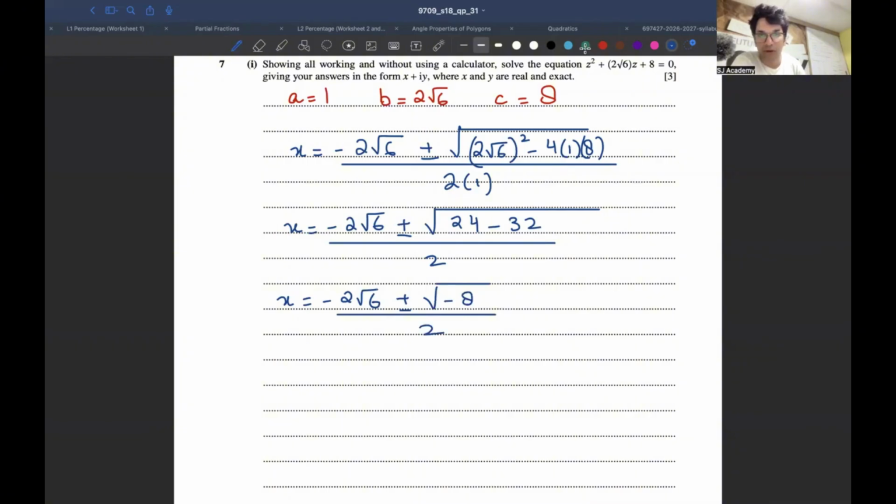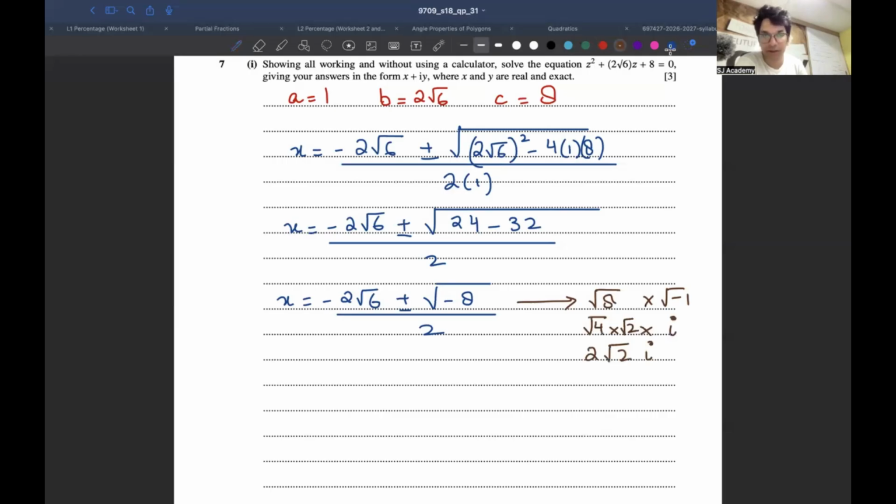Now, taking the square root of minus 8 separately, we can write it as square root of 8 multiplied by square root of minus 1. We know that the square root of minus 1 is iota, and the square root of 8 we can write in surd form as square root of 4 multiplied by square root of 2. So the square root of 4 is 2, so that will become 2 root 2 iota. So in place of the square root of minus 8, we can write 2 root 2 iota.